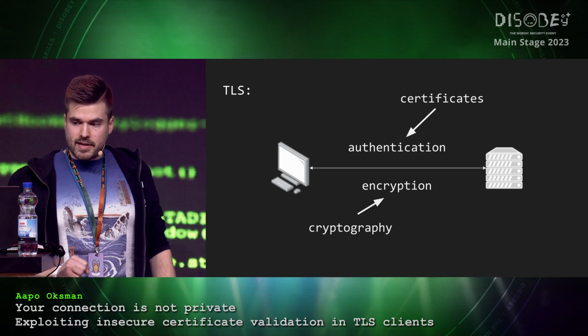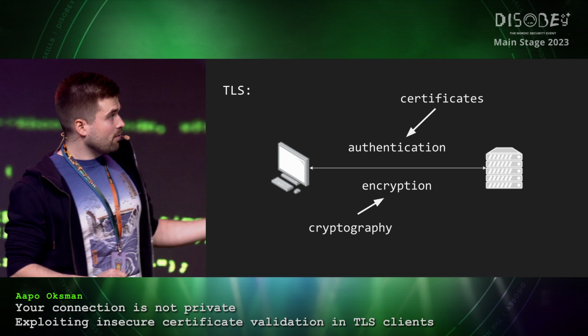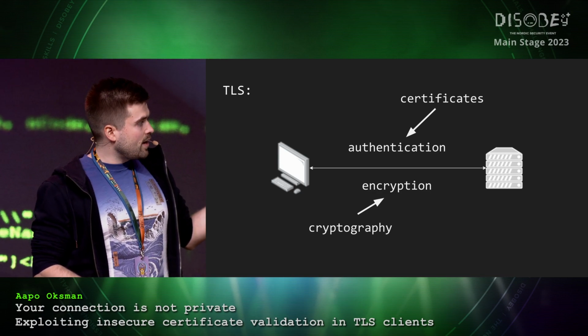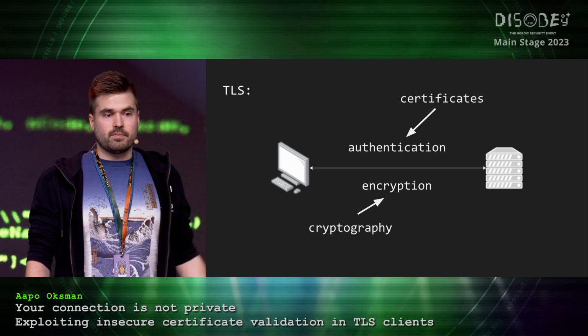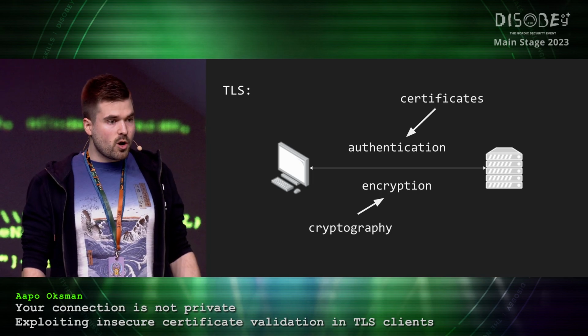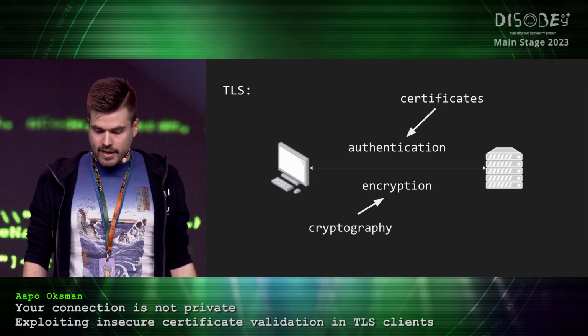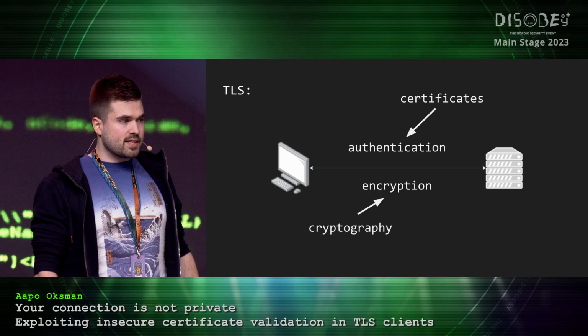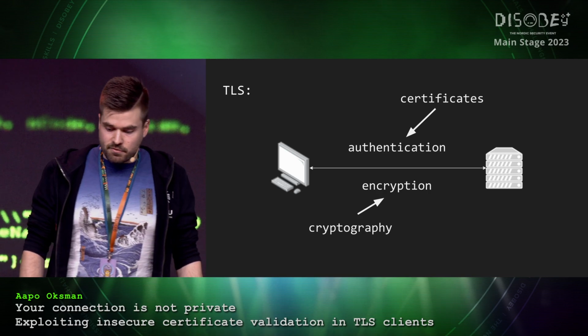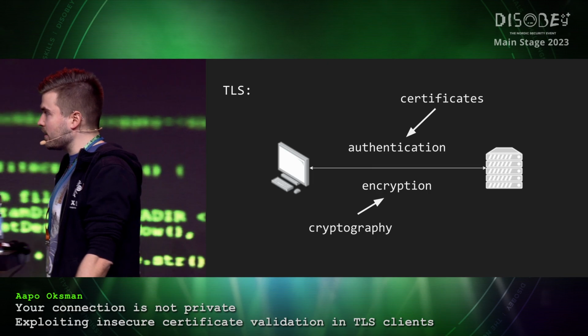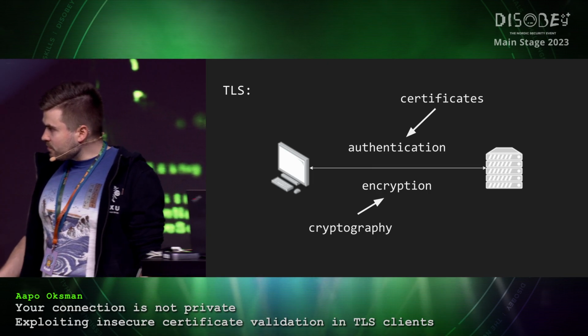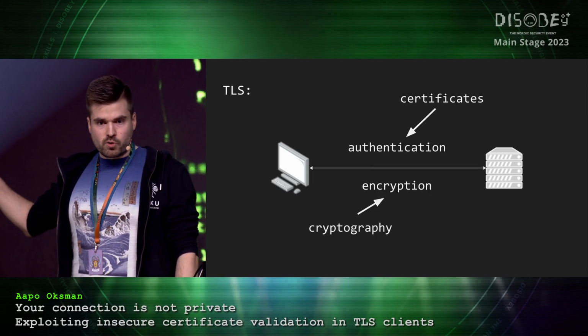A little bit simplified. Authentication is done with certificates, and encryption is done with cryptography. And we are not going to talk about the cryptography part today. That is something that is really hard, and lots of brilliant minds have been working quite heavily in making that as bulletproof as possible.